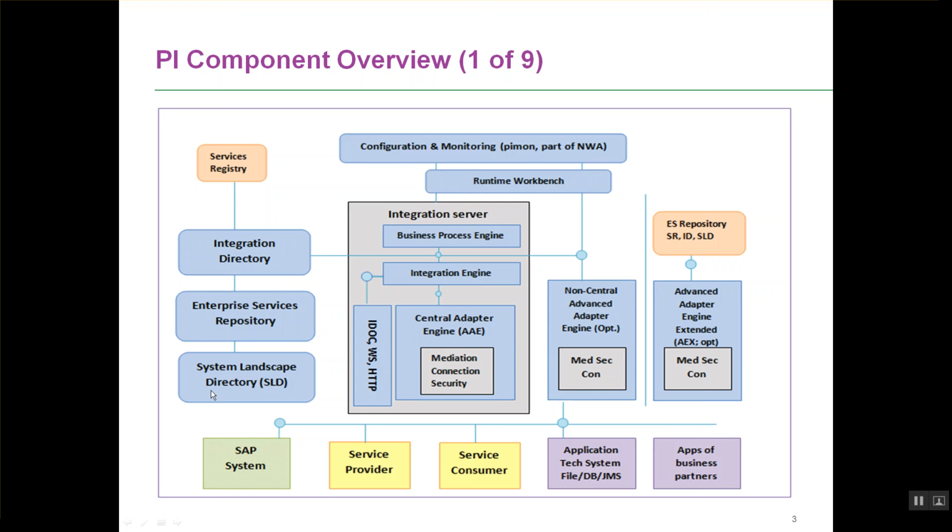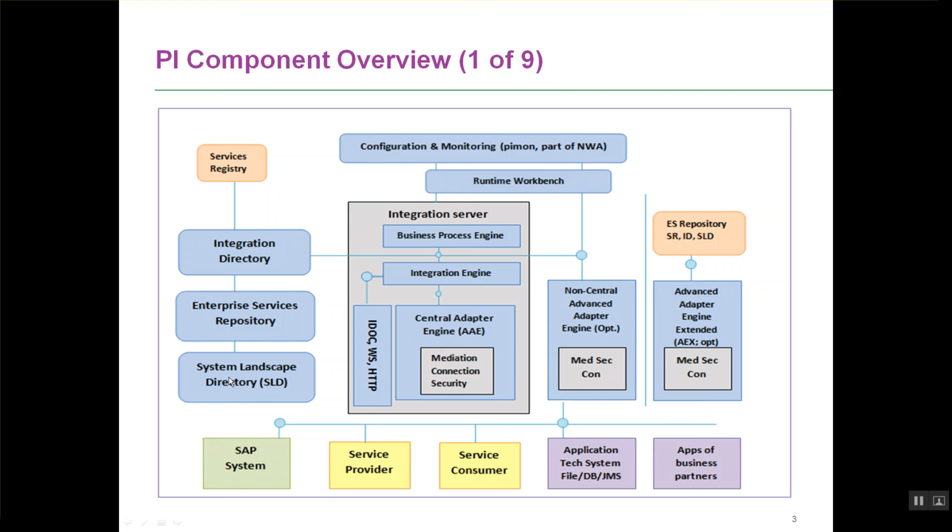The first component of PI that I would like to talk about is what we call the SLD, or the System Landscape Directory. If you're from a basis background, or from a solution manager background, you would already be aware of what the System Landscape Directory, or SLD, is. But for those who have no background to it, do not worry.